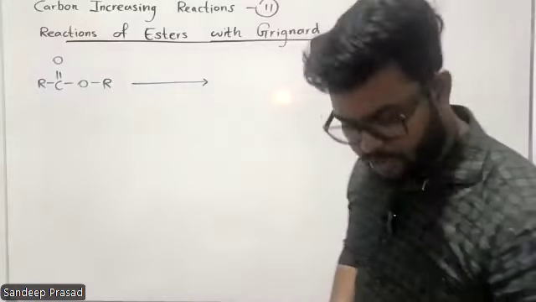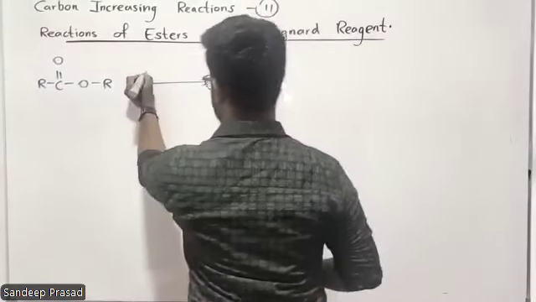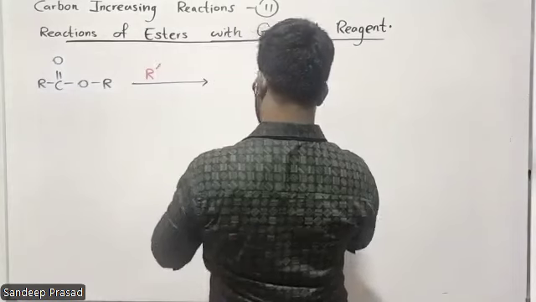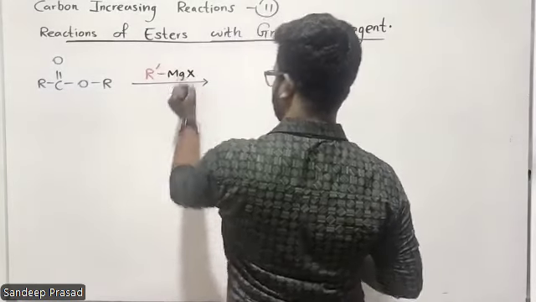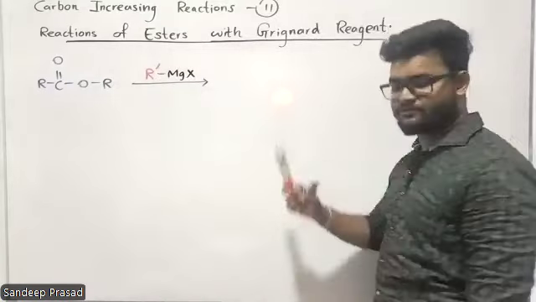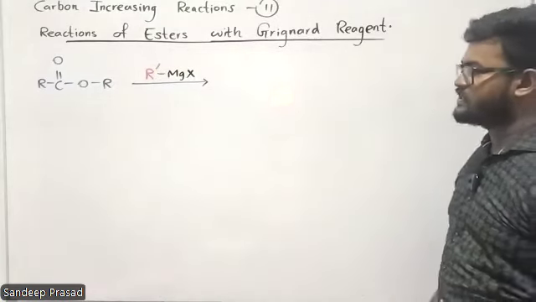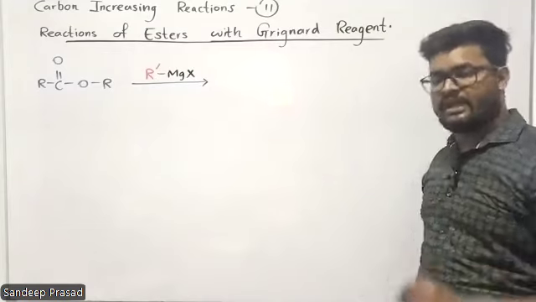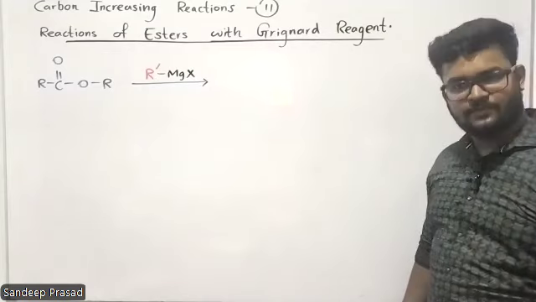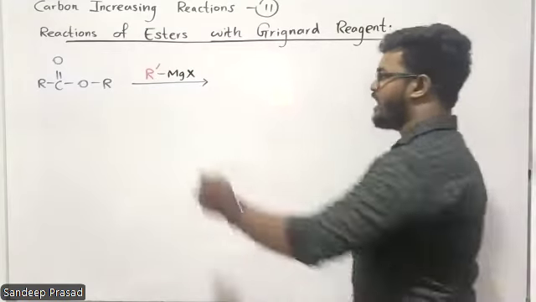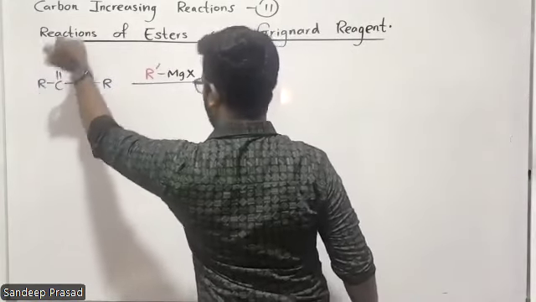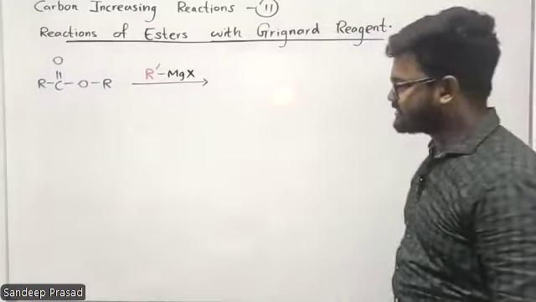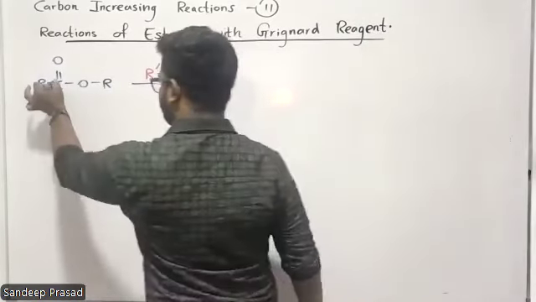Just imagine you are going to add a Grignard reagent like R'MgX. The specialty of this reaction, remember students, is that the R' alkyl group is connecting two times to the carbon atom.